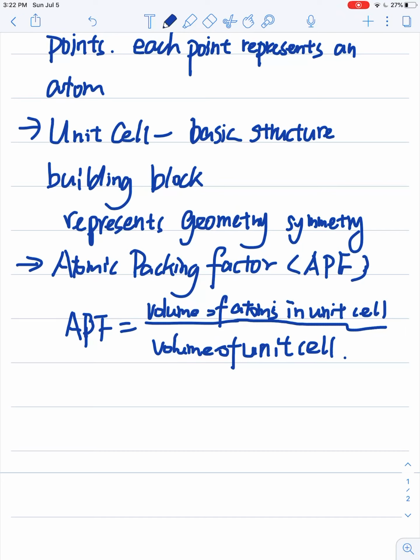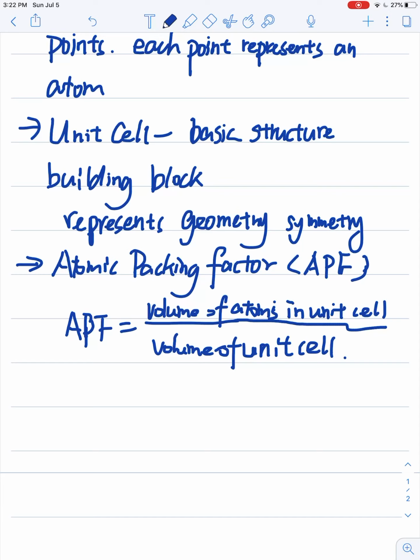For example, if we have a unit cell, inside of it we could have three atoms, and each atom is a spherical particle. If we know the radius, we can calculate the volume of each sphere, and find that unit volume, then multiply by 3, and you will get the volume of atoms inside of a unit cell.